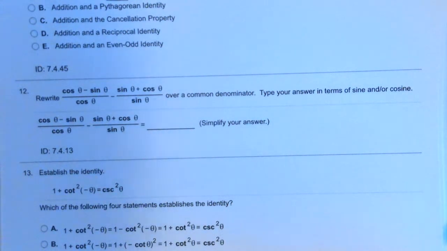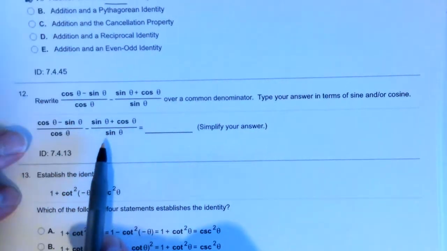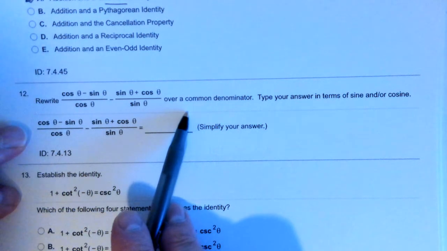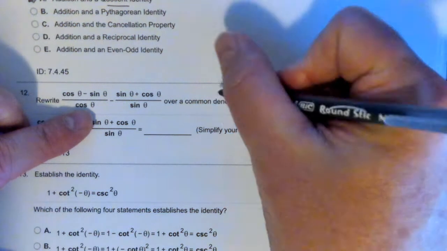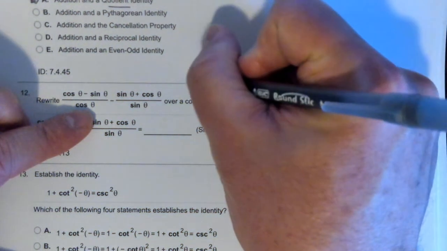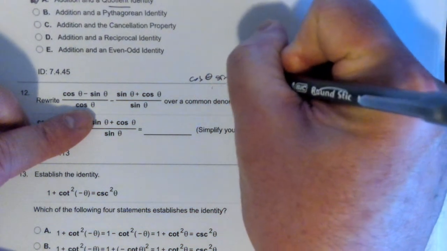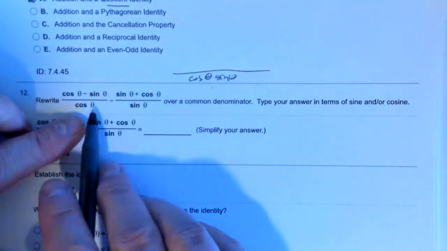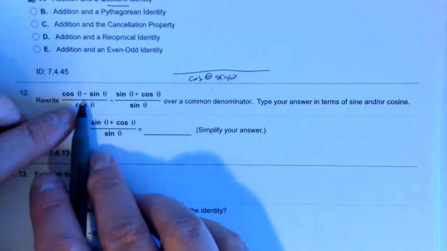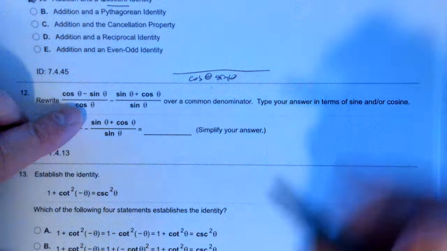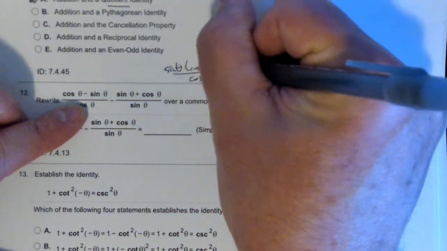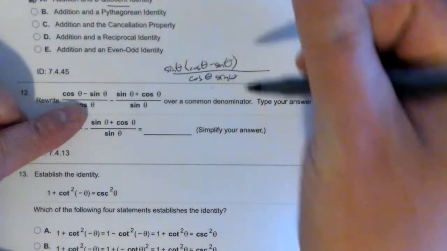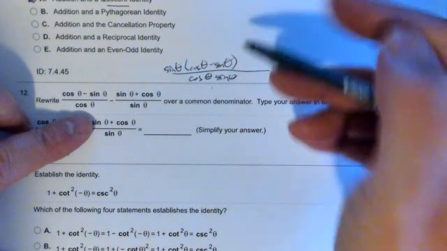Alright, number 12. Write this over a common denominator. And so we have cosine sine as our denominator. And this side is going to need sine. And this side's going to need cosine.